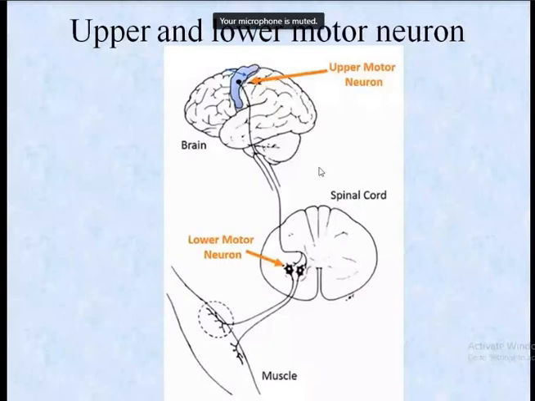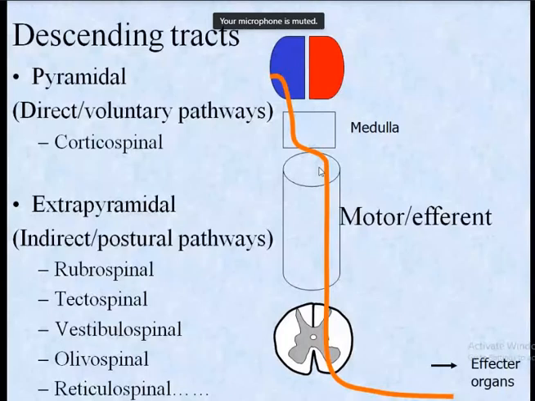Traditionally the descending tract is divided into the pyramidal and extrapyramidal system. The pyramidal system is considered the direct or voluntary pathway. All the voluntary movements and motor actions are mainly controlled by the pyramidal tract, which includes the corticospinal tract.